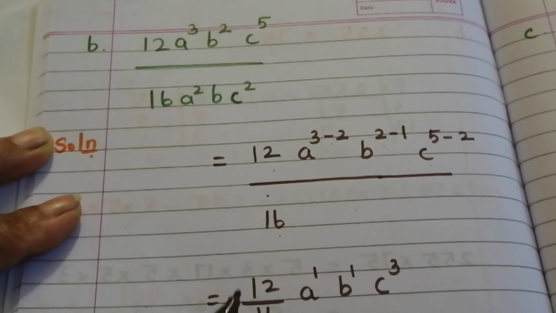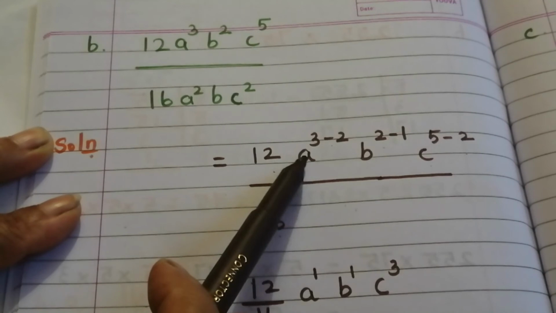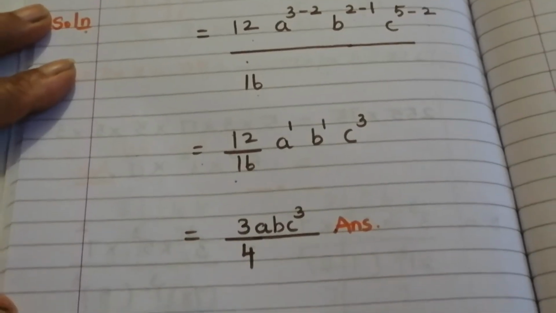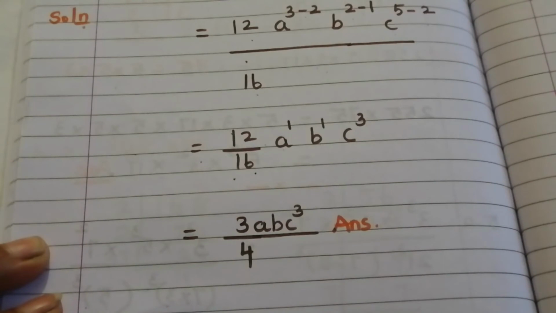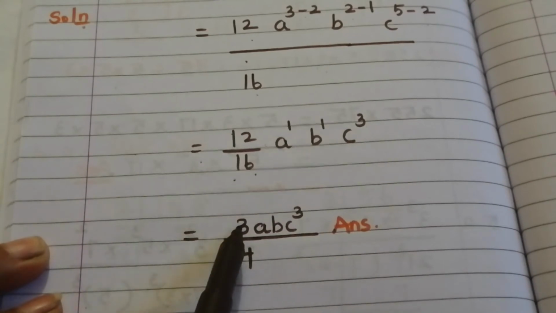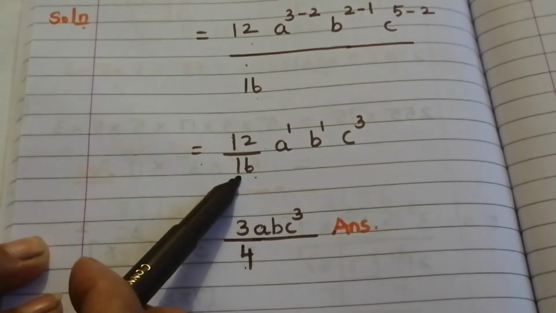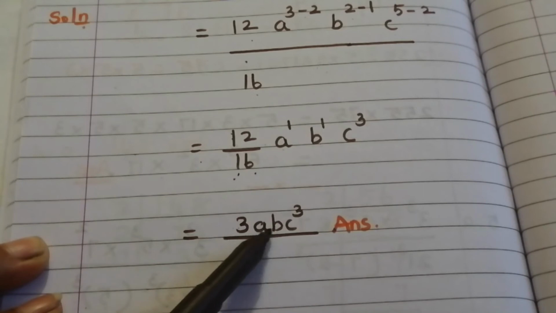That is equal to 12 divided by 16 into a power 1, b power 1 and c power 3. If we simplify 12 and 16 using 4 table, we get 3 by 4. 4 3s are 12, 4 4s are 16. So we get 3 by 4 into abc cube.